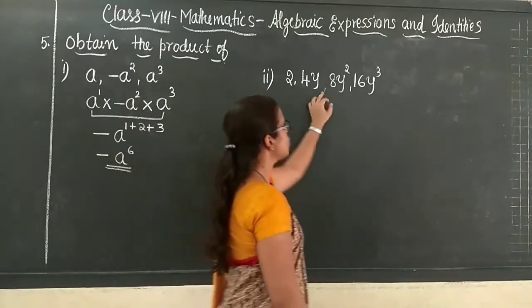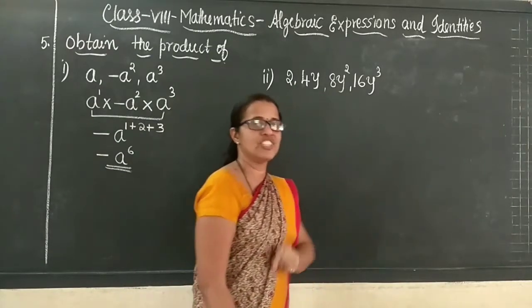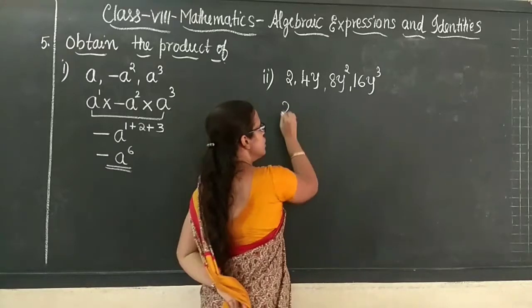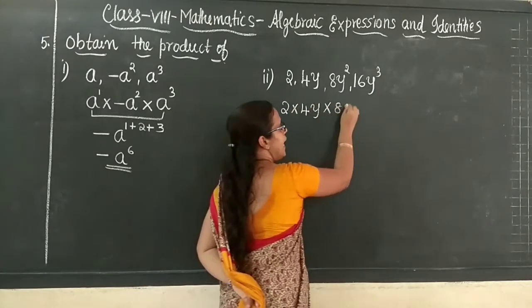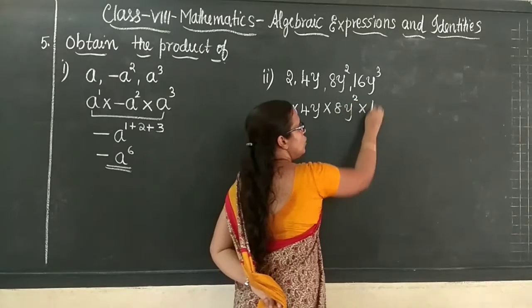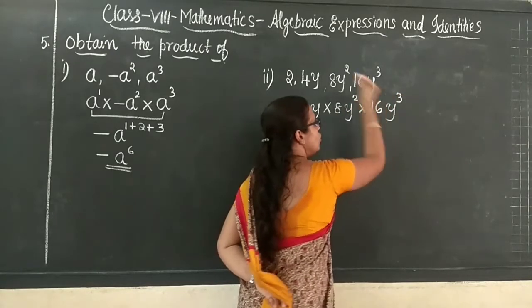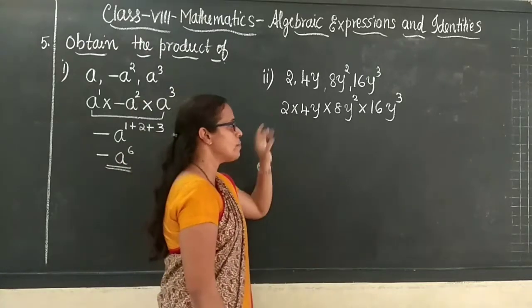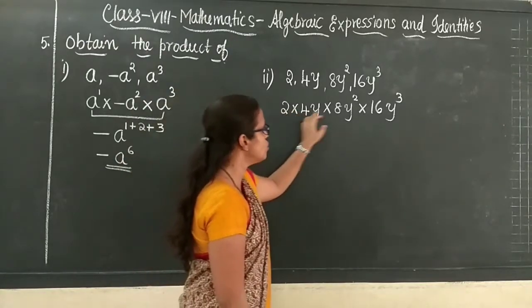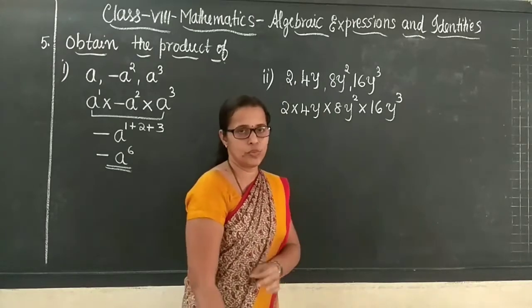Wherever there is a comma, you have to put a multiplication sign here. So 2 into 4y into 8y square into 16y cube. How can I multiply this, children? See here, when you are multiplying, you have to multiply the coefficients first.